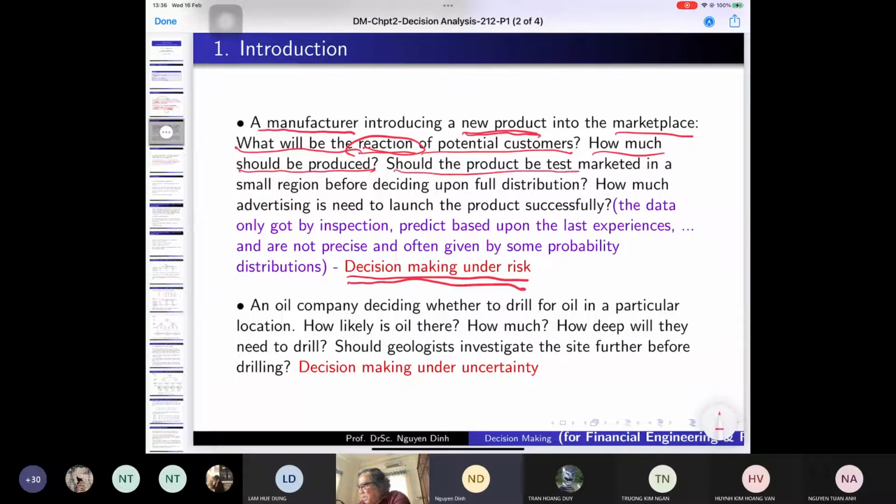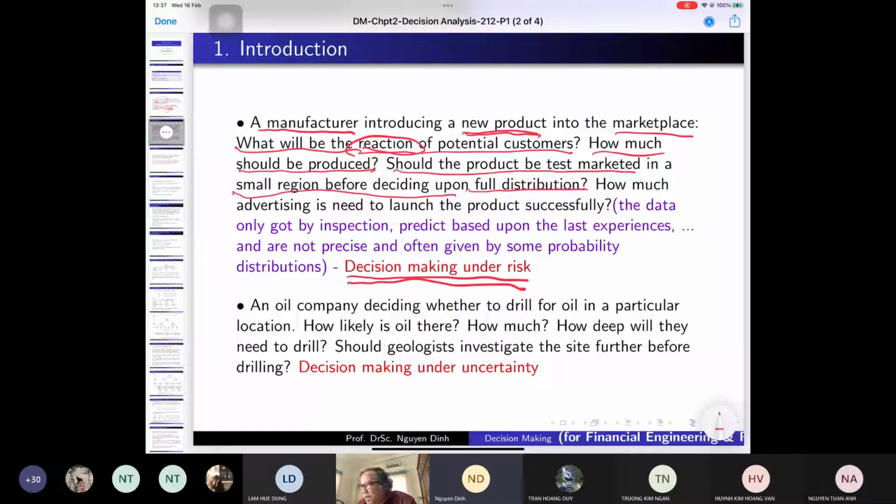Should the product be test marketed in a small region before deciding upon a full distribution? Should we test in a small market before making a large amount and distributing everywhere at the same time?